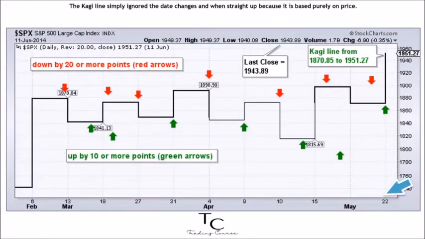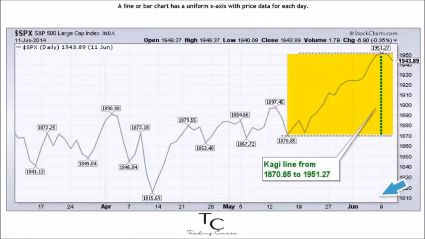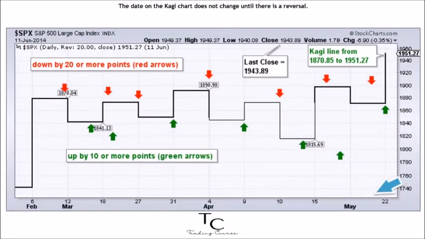The Kagi line simply ignored the date changes and went straight up because it is based purely on price. This price focus means the x-axis, date range, will be different and irregular. On the Kagi chart, a line or bar chart has a uniform x-axis with price data for each day. The date on the Kagi chart does not change until there is a reversal.